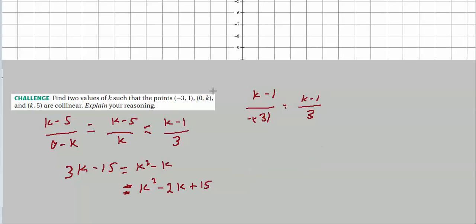I think the 2 slopes that make the problem easiest is to take the slope from 0, k to k, 5. So we have k minus 5 here.